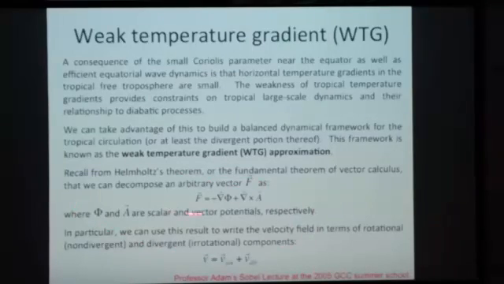If we think about our vector F here as being the wind field, then we can associate two components of that wind field, one of which, the rotational component, is non-divergent. So the non-divergent, or the rotational part, would be this curl of A, and then the other part, which is divergent, would be associated with the gradient of the scalar potential. So what the weak temperature gradient allows us to do is understand this divergent part. The rotational part is a bit more challenging, or at least at the level I'm going to present here is more challenging.